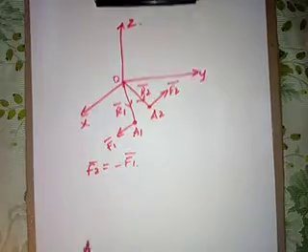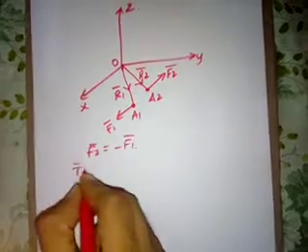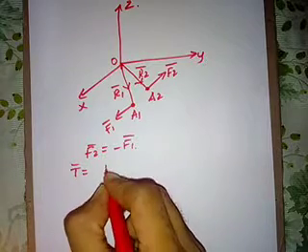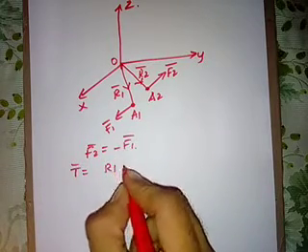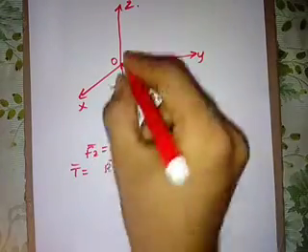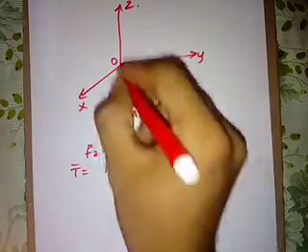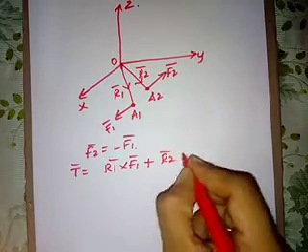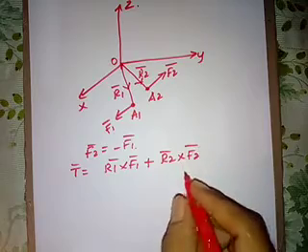The total torque T bar about the origin due to the two forces is given by the sum of the torques. T1 is R1 into F1, plus R2 into F2.